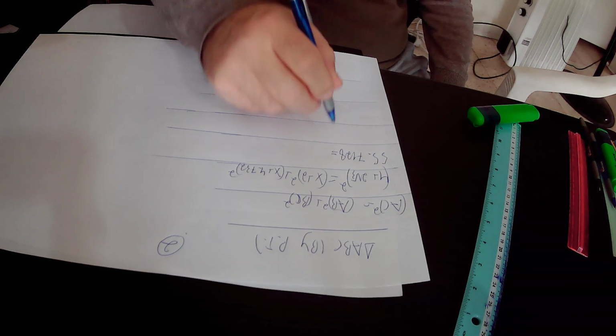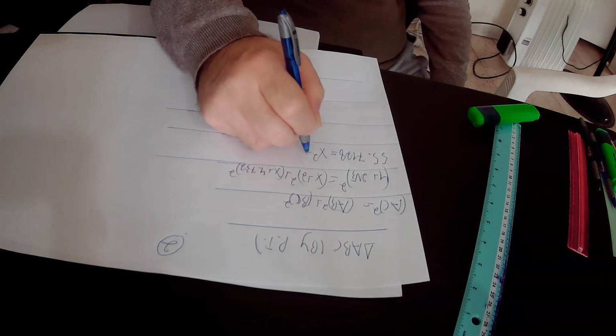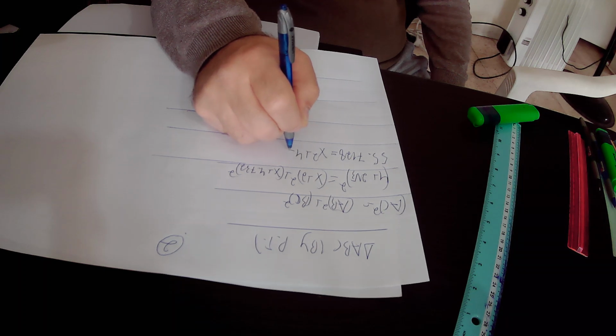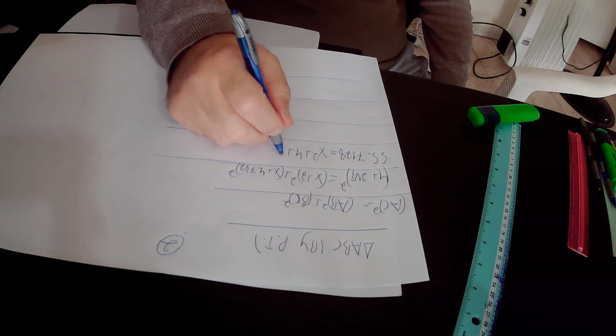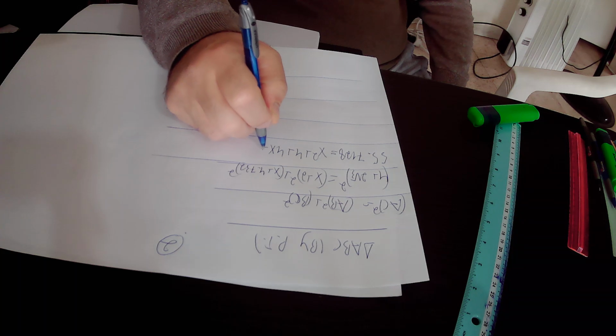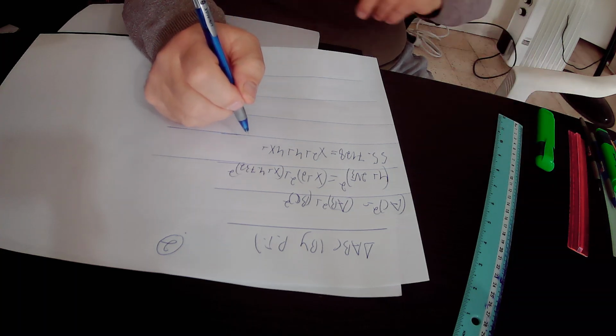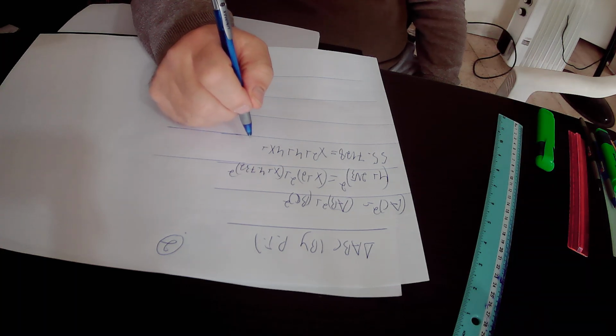X plus 2 squared equals x squared plus 2 squared, that is 4, plus 2 times x times 2, that is 4x, plus x plus 4.732 squared.